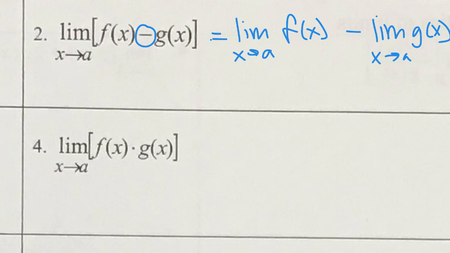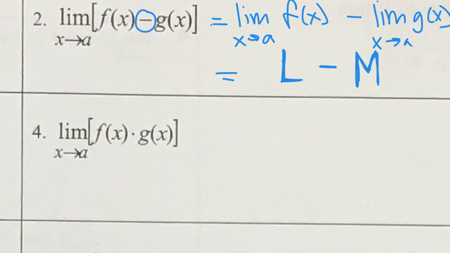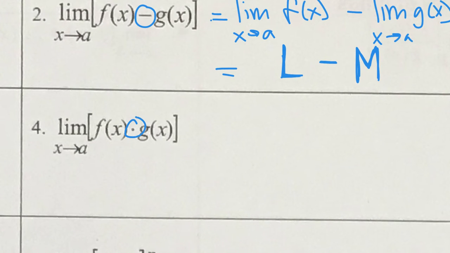So if we have a limit of a difference, and difference is subtraction, that's the same as the difference of their limits. So if you know their limits, you simply subtract the two from each other, and that is how you get your answer. This is a property. So let's jump down to 4 since we're looking at it right now. The limit of a product.